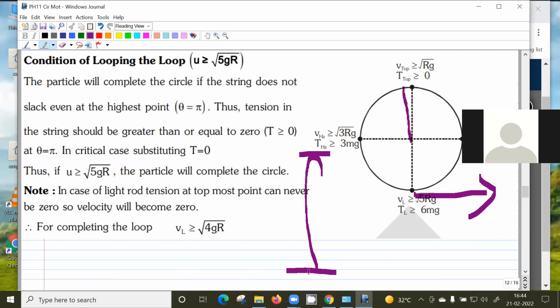Even if the velocity is not zero, it cannot go up because the length of the string is fixed. So when it goes this way, it will try to pull it down. Is it clear? Yes, sir. So the velocity here need not be zero.